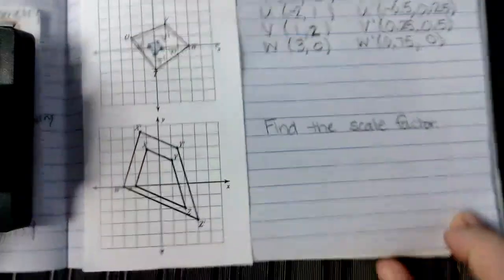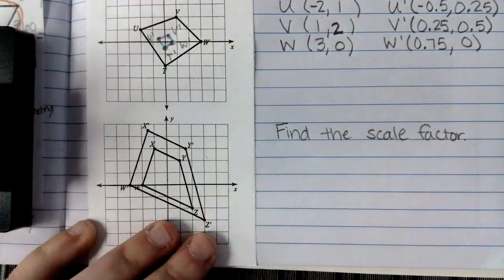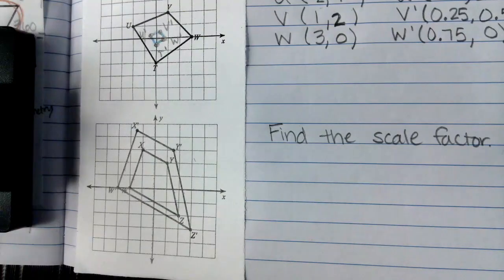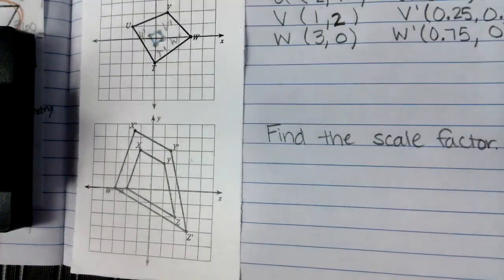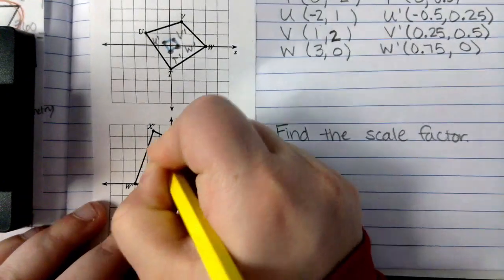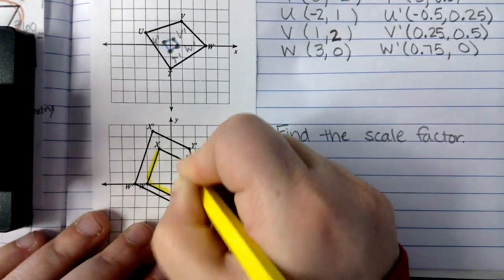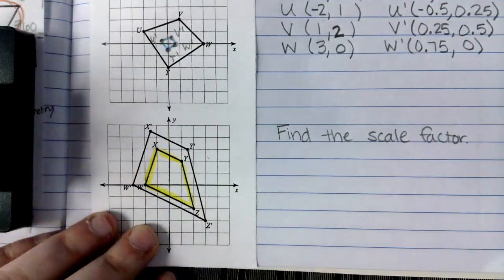So I'm going to use two colored pencils. If you want to use a highlighter, you can. I'm going to put this middle one, the smaller one, in yellow. And I'm going to do this blue, bigger one in that light blue. That helps you to color code it so you can see which one we're talking about. You should do that.